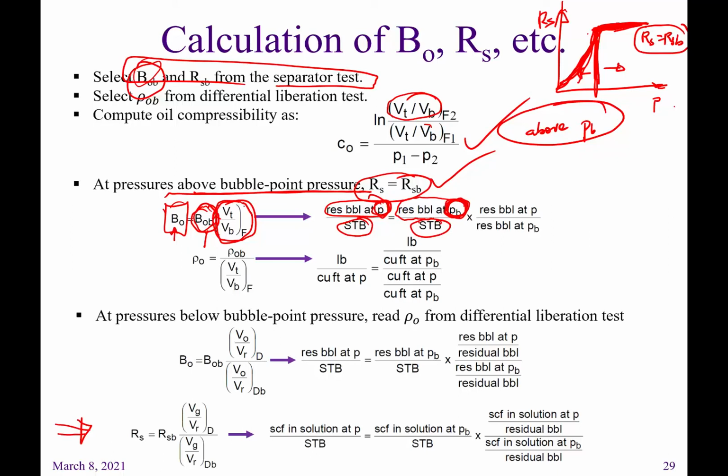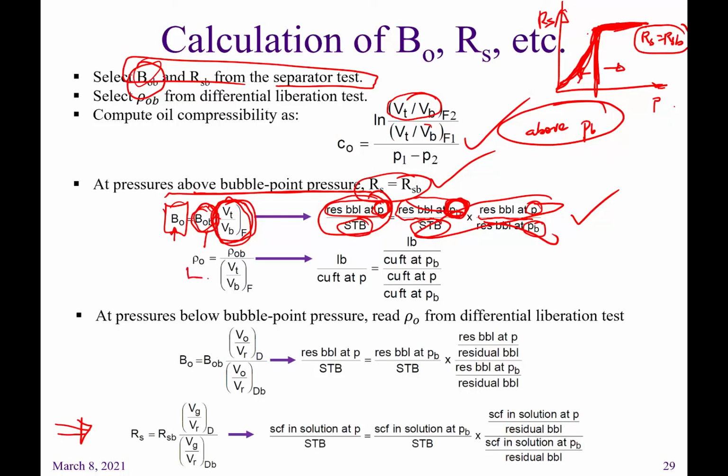And the relative oil volume is volume at reservoir conditions divided by volume at the bubble point pressure. So this cancels out this and it gives you the unit for your BO. So dimensional analysis checks out okay.